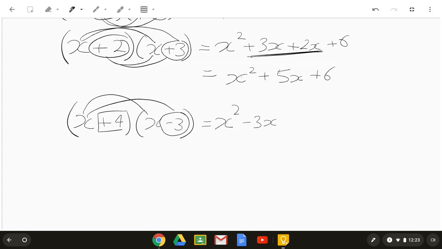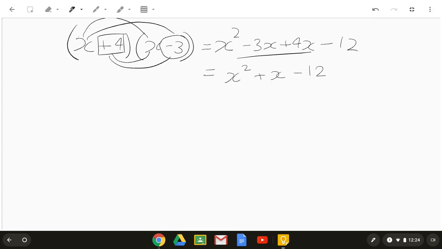Then we take plus 4 and multiply it by the x, so it's plus 4x. And we take the plus 4 and multiply it by minus 3. Positive times a negative is a negative 12. So we have like terms here. So x squared, minus 3x plus 4x is plus x, minus 12. And that's the answer.